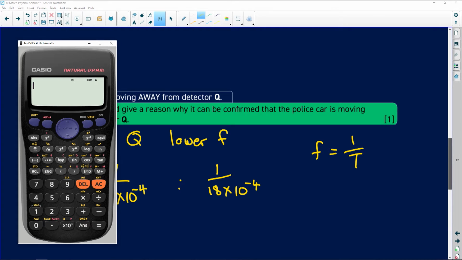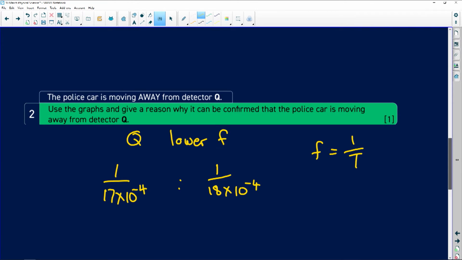So what is 1 divided by 17 exponent minus 4, and that is going to equal 588,24. So let us write that down. This is 588,24, and that is hertz.